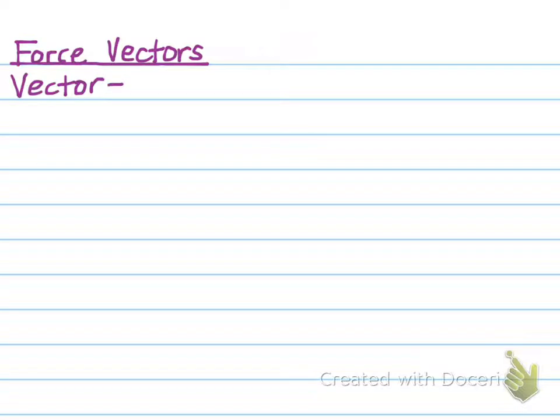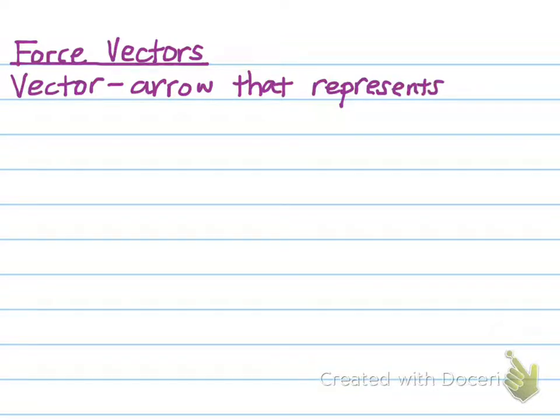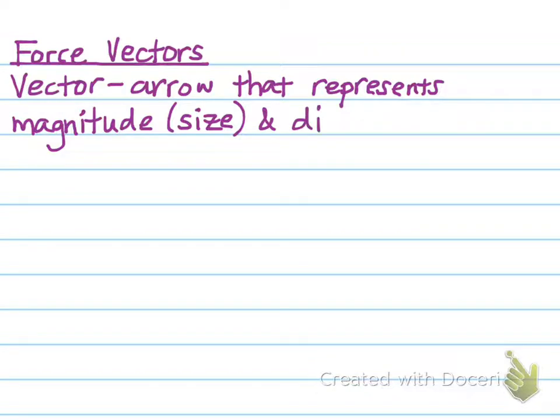So the people who wrote Despicable Me were kind of showing off their knowledge of science. A vector is defined as an arrow that represents the magnitude, which is just a big word for size, and direction of a quantity.